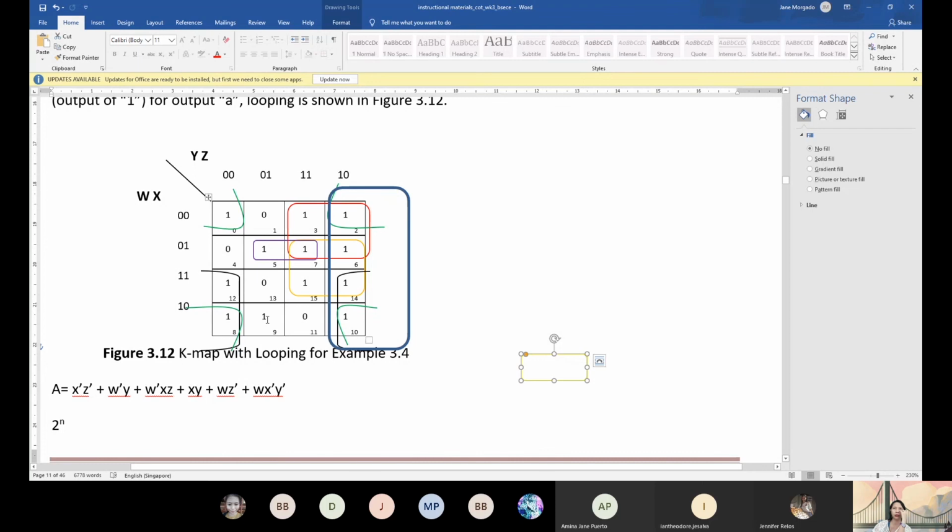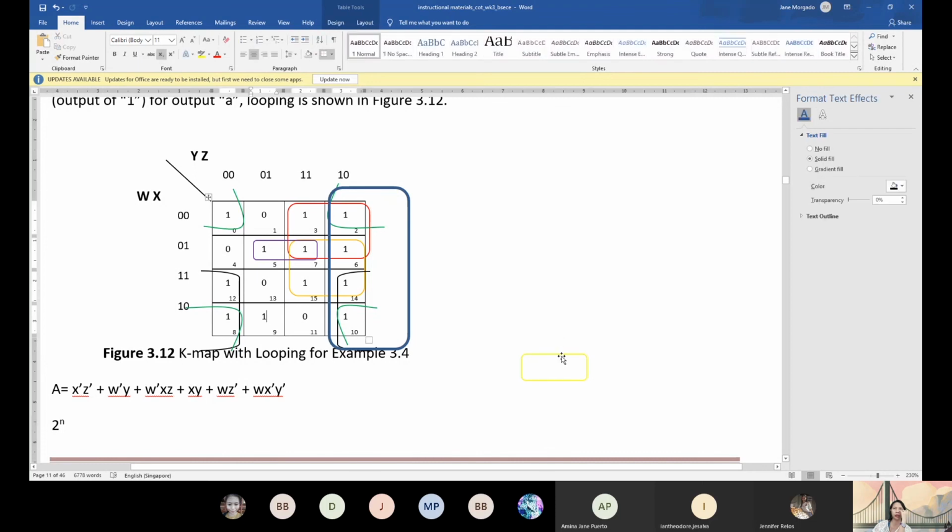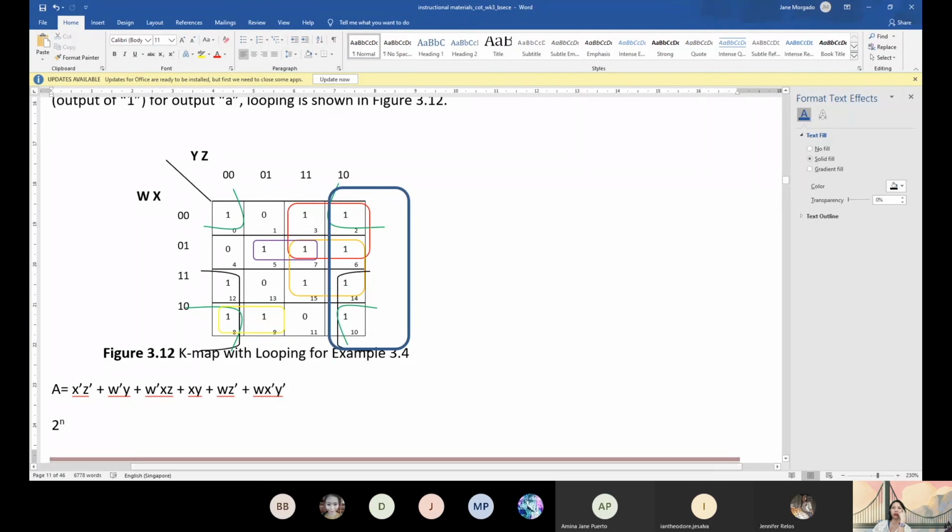But min term 9 has no group mates yet. So that's why we group it with min term 8, such that the output of yellow is W, X prime, Y prime. Have I answered your question, Justine?